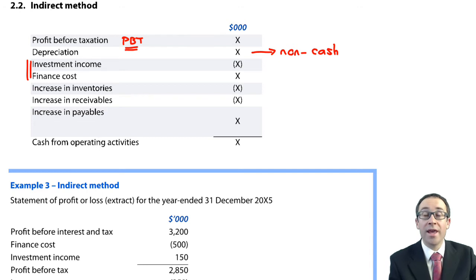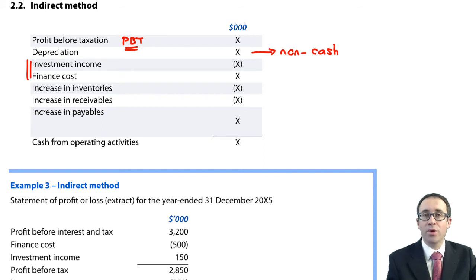So if you've got an increase in inventory, the increased inventory leads to an outflow of cash, doesn't it? Because in order to have increased the inventory, you need to have bought the inventory, and to buy the inventory requires extra cash, doesn't it? Okay.